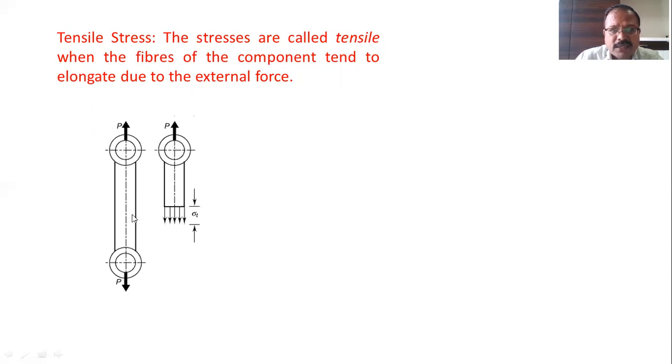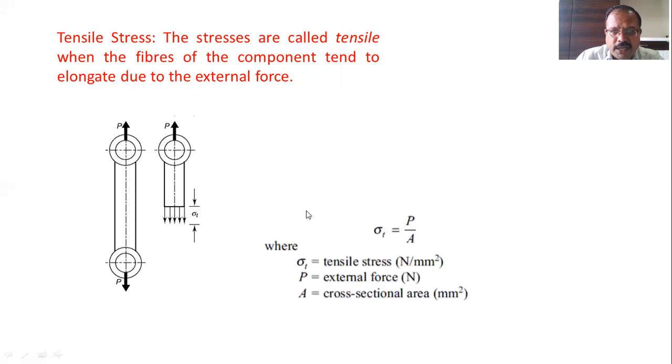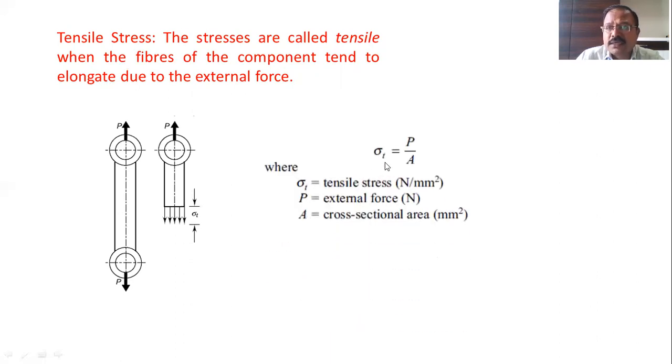So you can call it tensile direct stress or tensile stress, and we can calculate tensile stress, which is denoted by sigma T, as force upon area. Force P is the external force in Newton, and A is the cross-sectional area in mm square. So the unit will be Newton per mm square. If the cross-sectional area is in meter square, then it will be Newton per meter square.